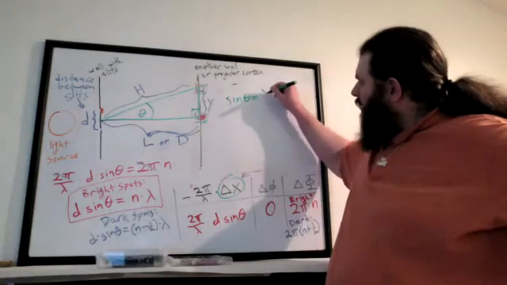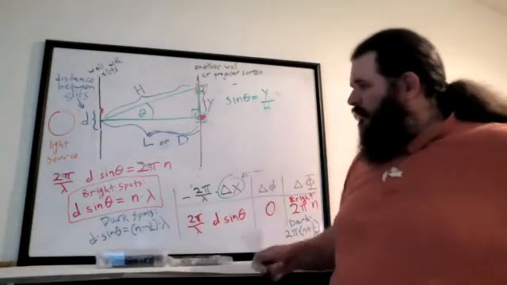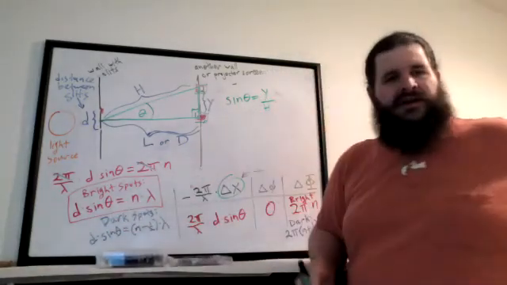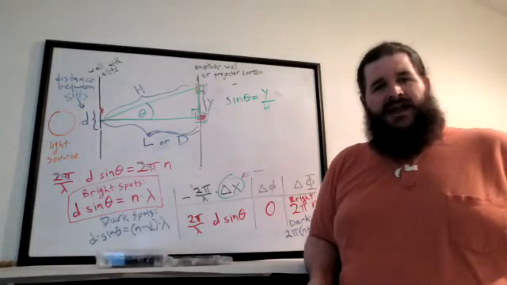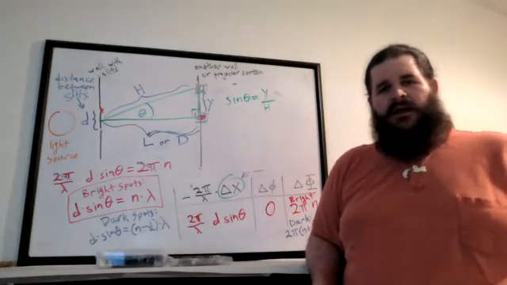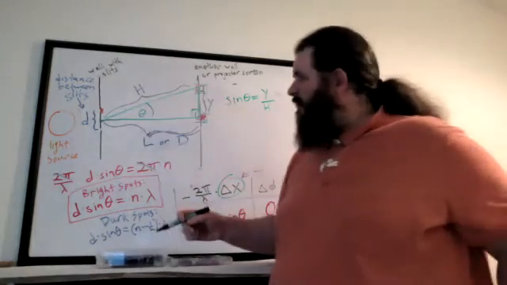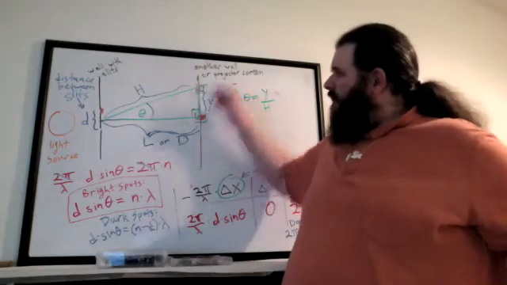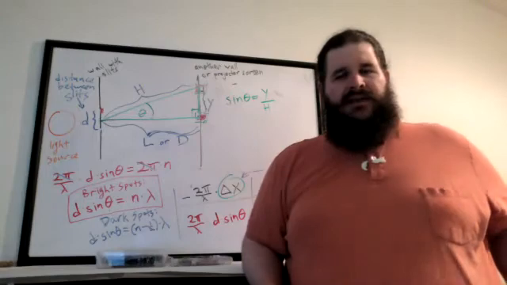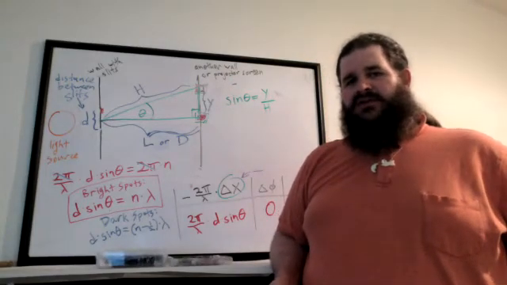Yeah, that opposite side y divided by the hypotenuse h. So we could rewrite this equation just replacing sine theta with y over h. And that replaces the angle with distances. So we'd be able to write out the whole thing in terms of distances. The only disadvantage there is that h is going to be difficult to measure. If you're looking at different bright spots, you'd have to measure the hypotenuse differently every single time. And that's inconvenient.